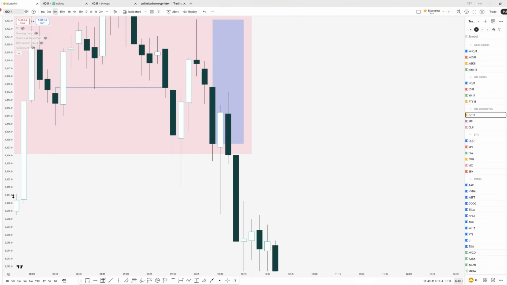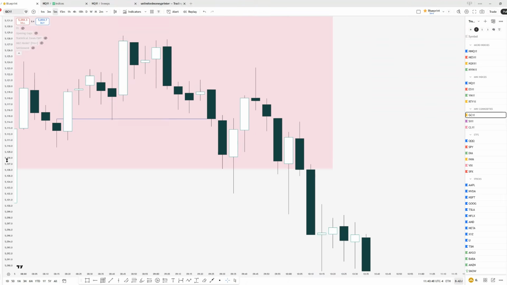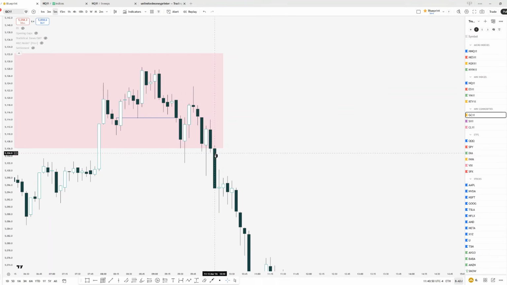And what do you wait for? You wait for the same exact thing we talked about earlier. Posing candle, close past 50%, confirmation. And so because price confirmed it there, we are to go short on this candle here.